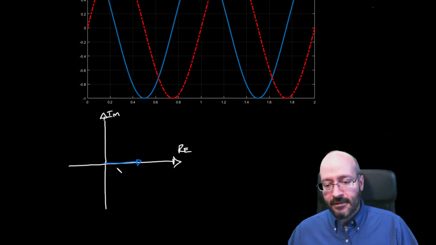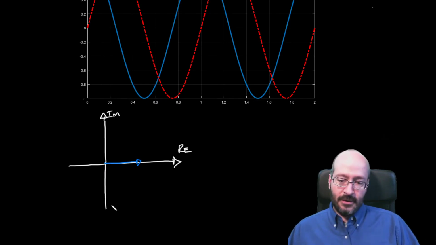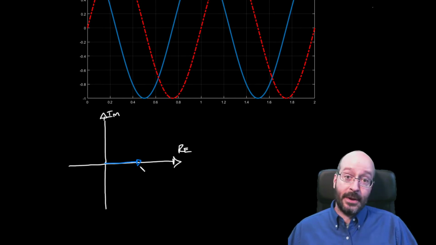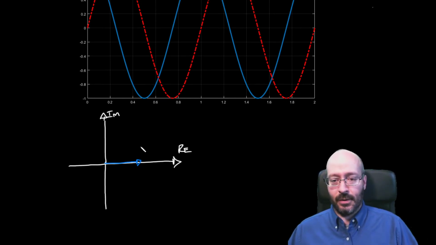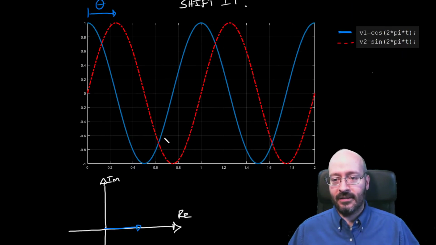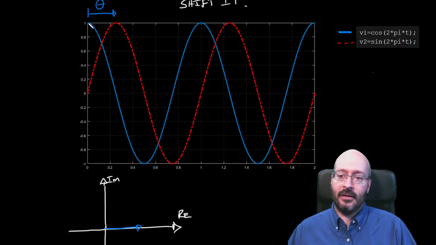It's going to start at a value of 1, and as it spins counterclockwise, it's going to get closer to 0. Then it's going to come down here and be a -1, head back towards 0, and then finish off one period at +1 again. And I think that's what we see nicely here with our plot.